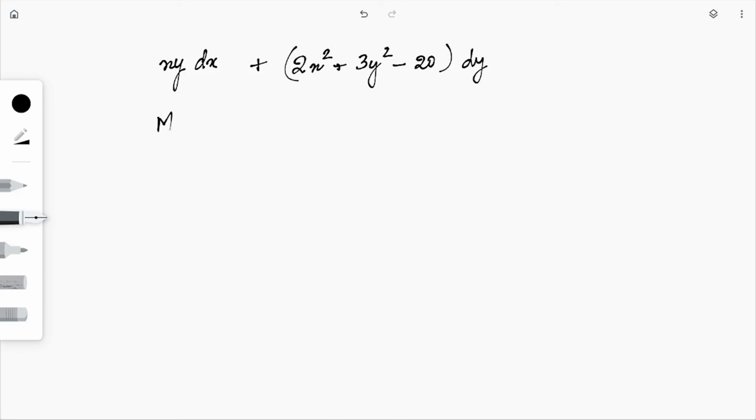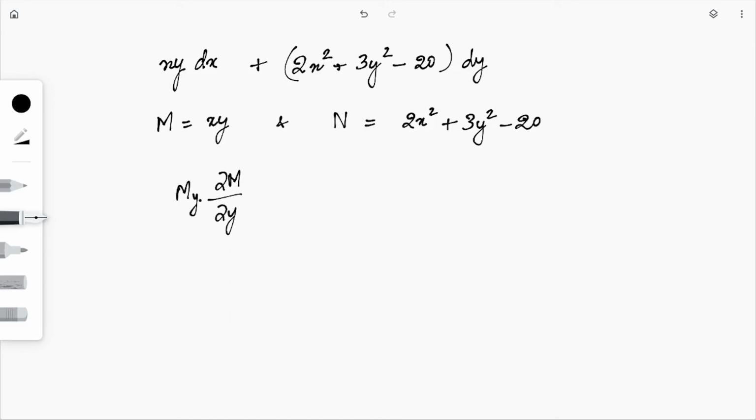So here M is equal to xy and N is equal to 2x² plus 3y² minus 20. Seeing it itself, we can understand that ∂M/∂y is not going to be the same. Still we shall check ∂M/∂y, or let me write My.